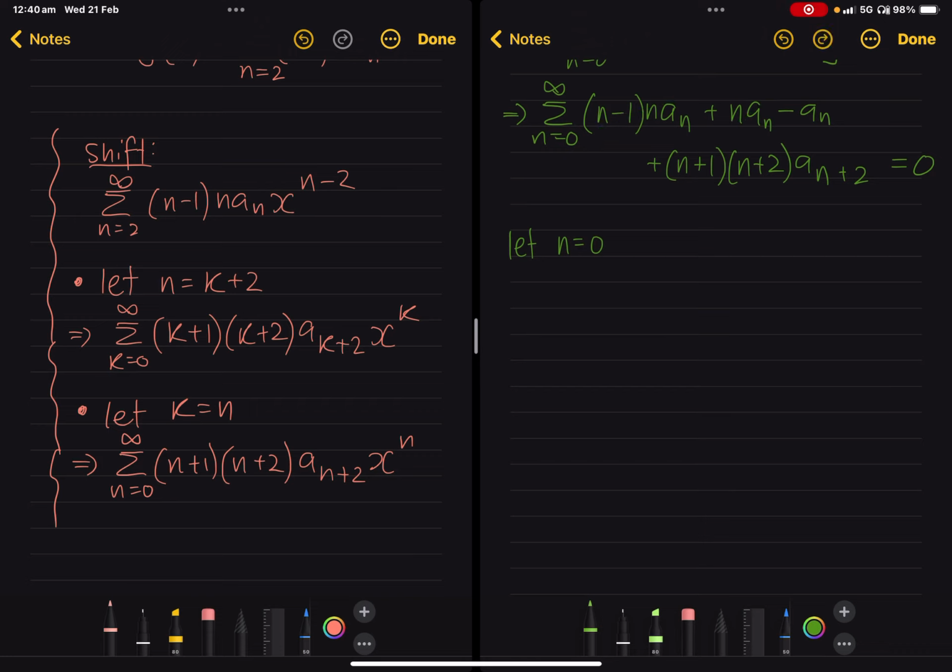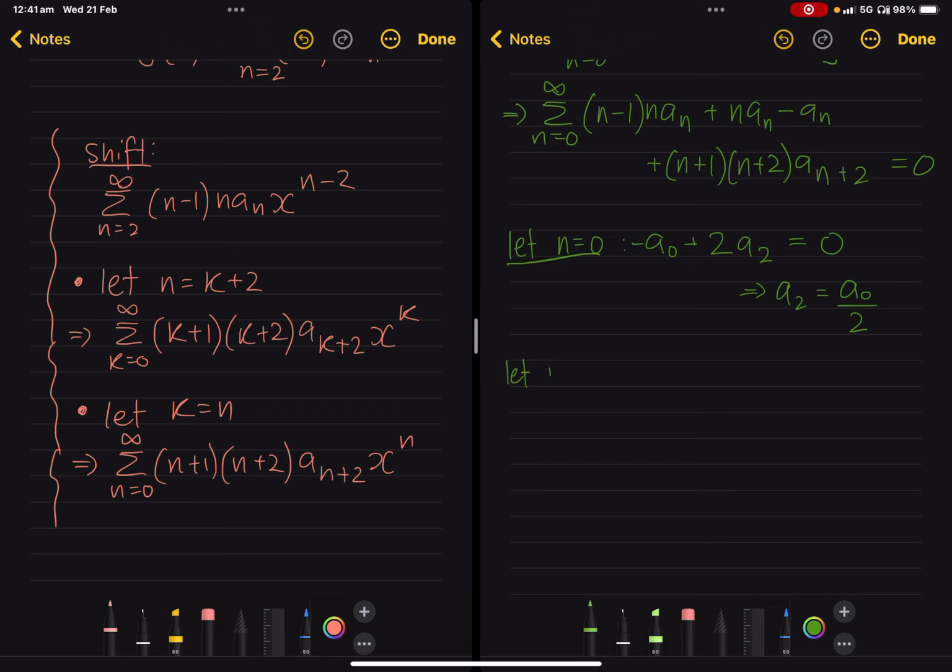It will leave us with minus a0 plus 1 times 2, which is 2a2, is equal to 0. So this will give us a2 as a function of a0 if we rearrange it: add a0 to both sides, divide by 2. This gives us a2 is a0 divided by 2. So this was when we let n equal 0.